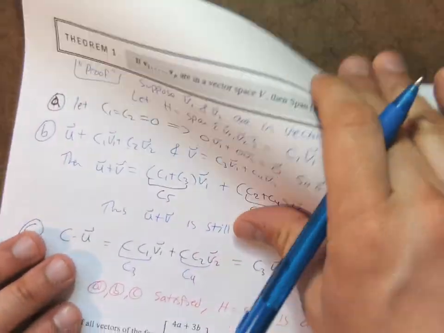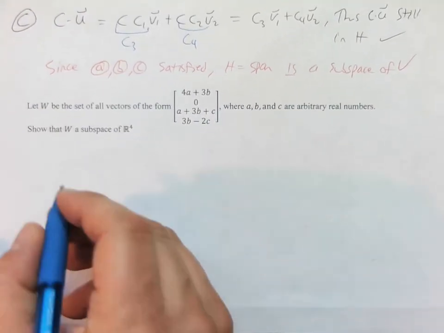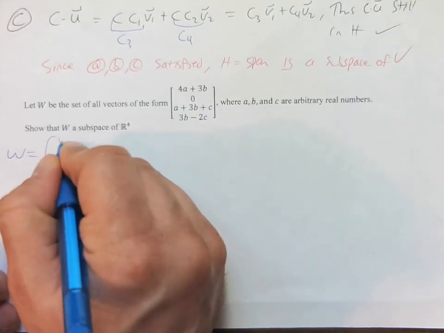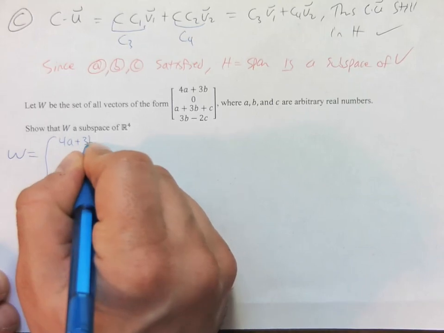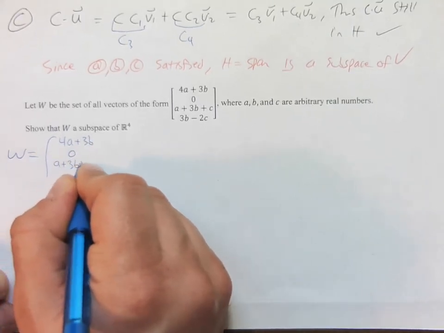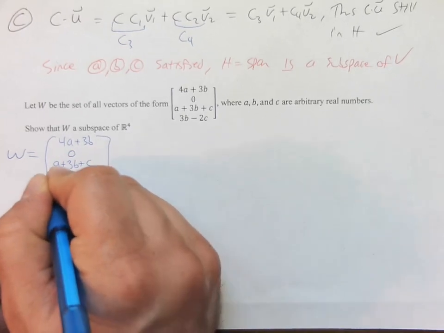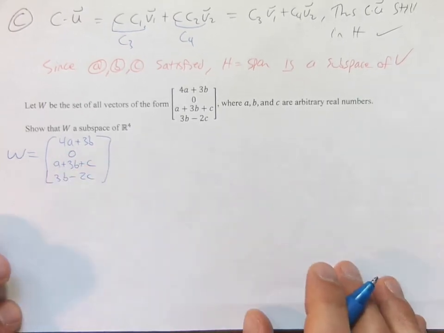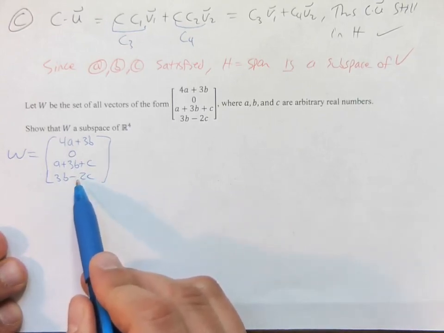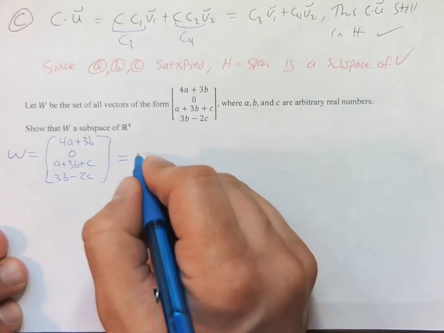And so let me show you what I mean by that, and this will be the last thing on this video here. So W is that, right? So I'm going to rewrite that. It's vectors that look like this. And I'm going to break this up into the A, B, and C components as different vectors. And so I'm going to do that in one step here, and hopefully you see what I mean.